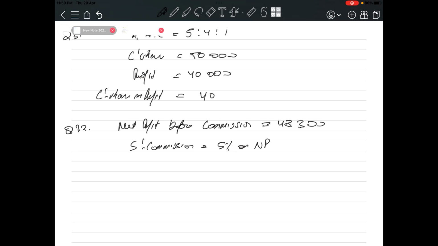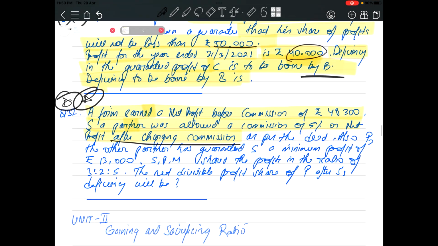Okay, net profit after commission. The question has given us net profit before commission, but S is allowed 5% of net profit after charging the commission.